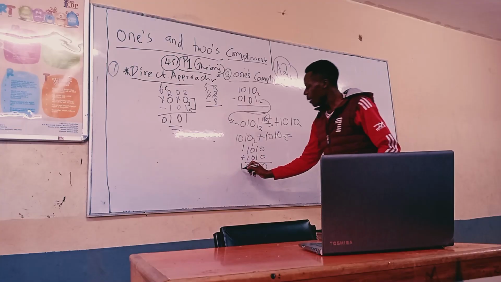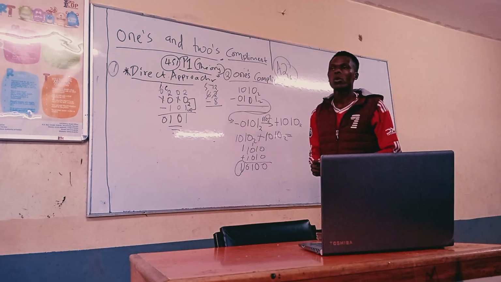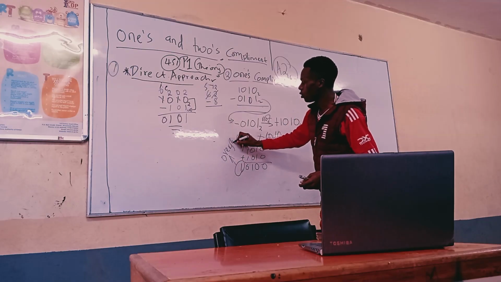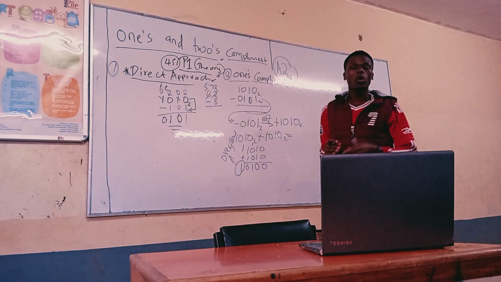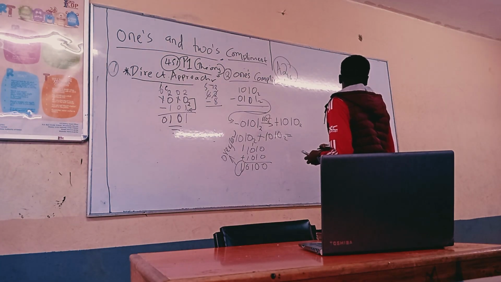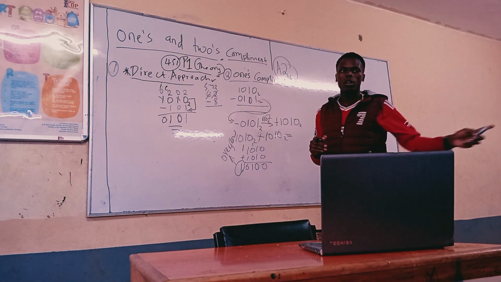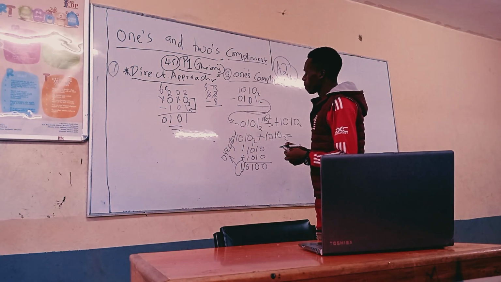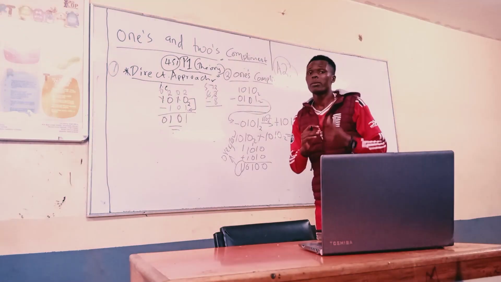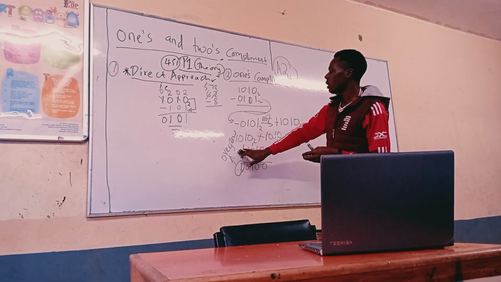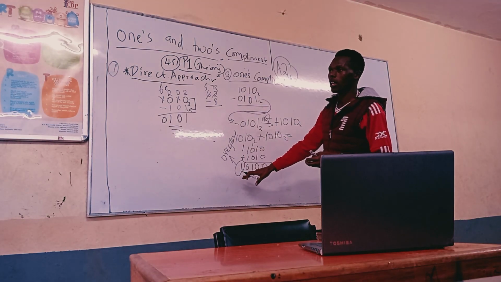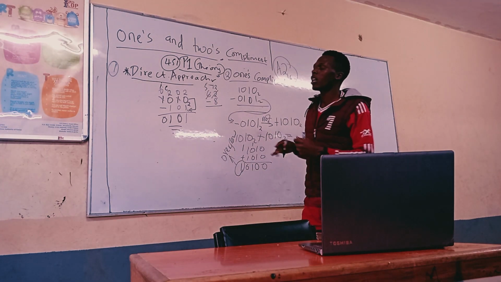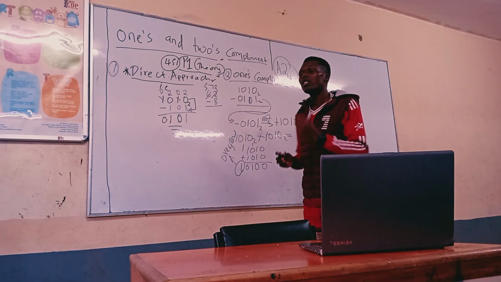And then now, remember types of errors. We had something called overflow. So these are types of errors. In one's complement, when we have an overflow, like here, there should always be an overflow when you are calculating this. What is an overflow?